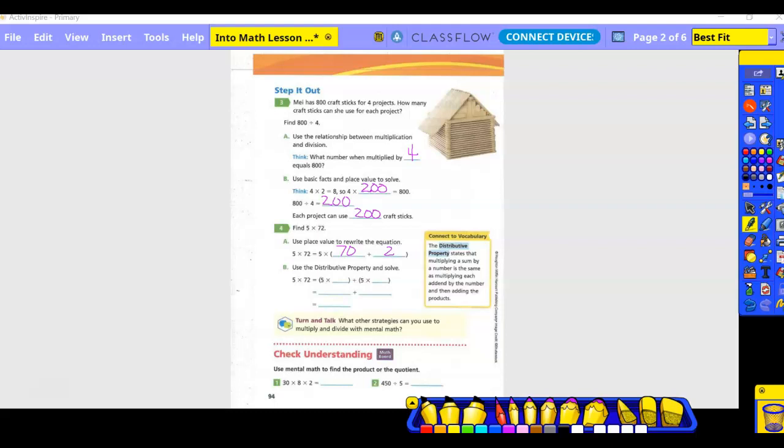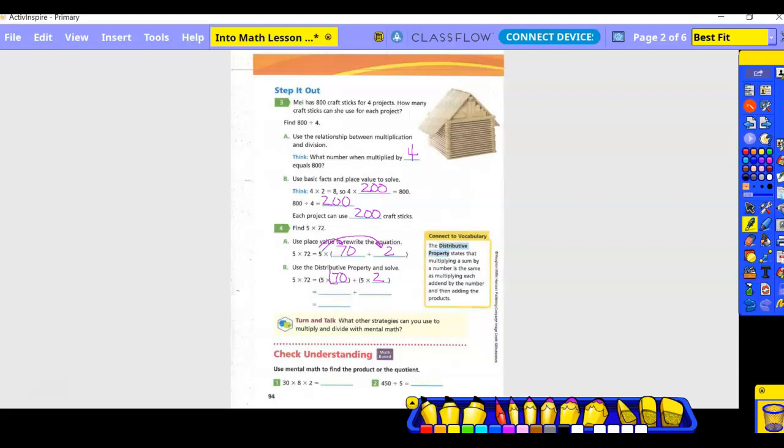Okay, so we just said 70 and 2. So the reason why this is distributive property is because they are going to take this 5 times 70, and they're going to take this 5 times 2, which they pulled apart even more, okay? And then did 2 sets of parentheses here.